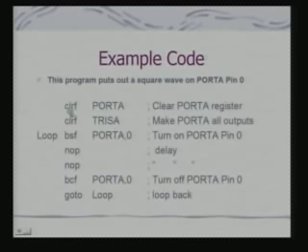Now, you can see here again a usage of the clear instruction for doing hardware programming. We are clearing the TRIS A register to make each bit of port A an output port.